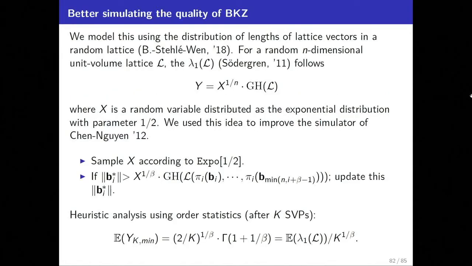So in our work last year, we tried to explain this using some stochastic models by considering the distribution of the lattices, because the previous estimate used the Gaussian heuristic, which is close to saying that for every local lattice, I pick the shortest vector to be that fixed value.